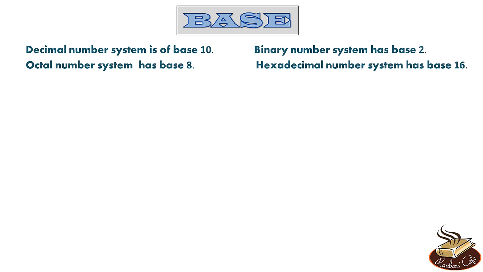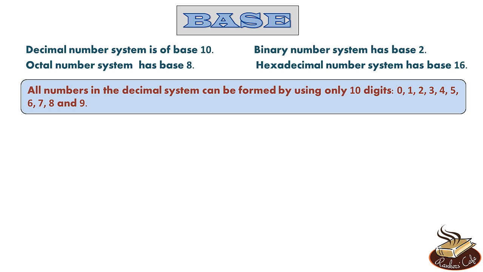Now what does this mean? Take our number system, the decimal number system, which has a base 10. This means that all the numbers in this number system can be formed by using only 10 digits. These 10 digits obviously are 0, 1, 2, 3, 4, 5, 6, 7, 8 and 9.